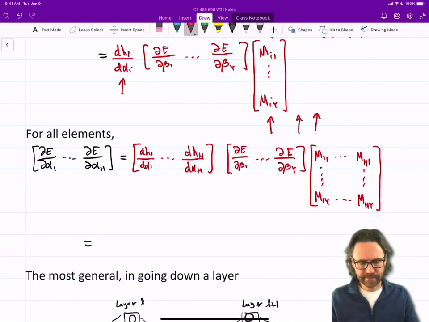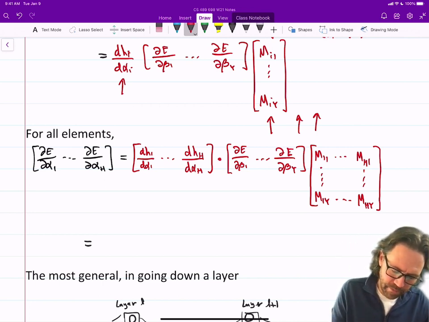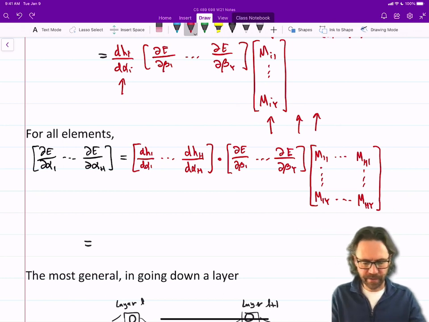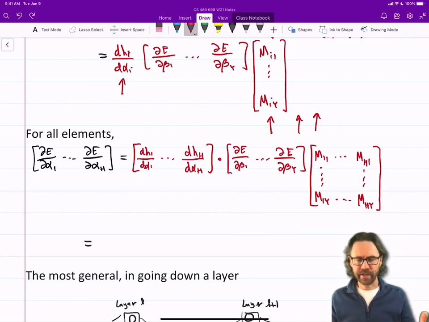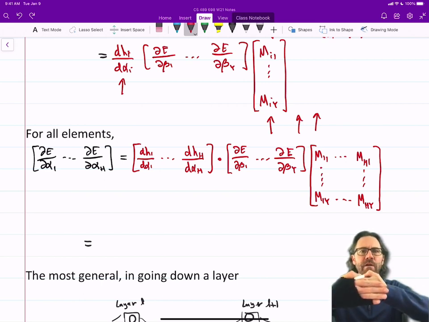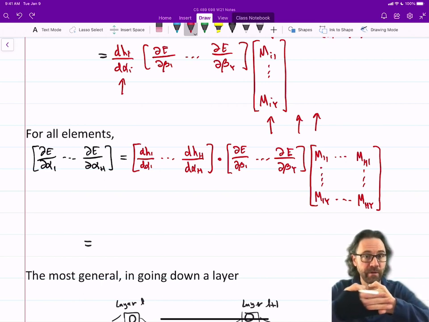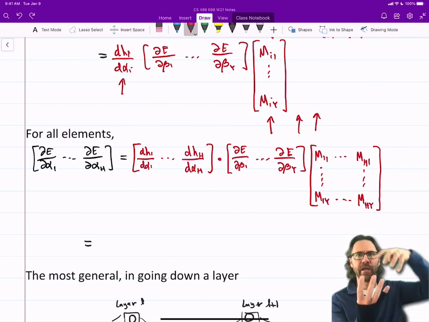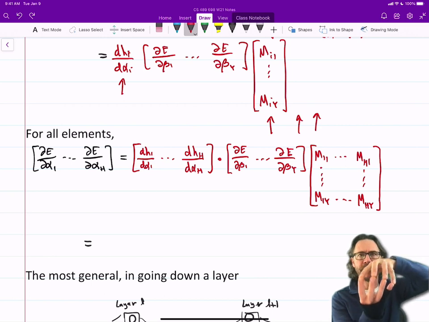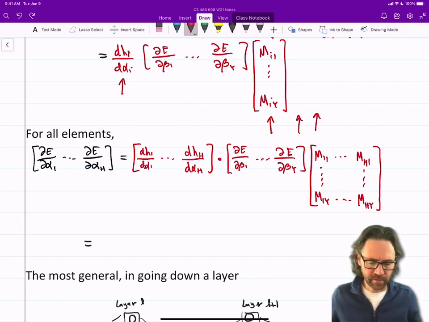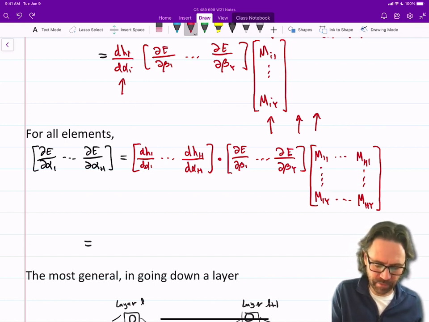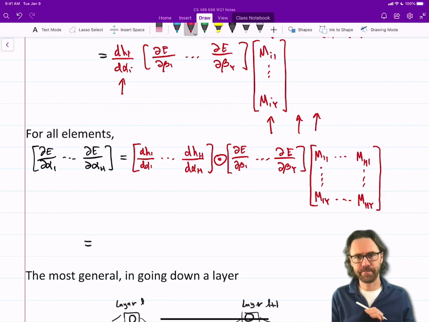So what we have here now is this thing over here on the right turns into a row vector. And here we have a row vector. Our intention is to take those two row vectors and just get another row vector out of it by doing element by element multiplication. That operation is called the Hadamard product, and we usually represent it as a dot with a circle around it.